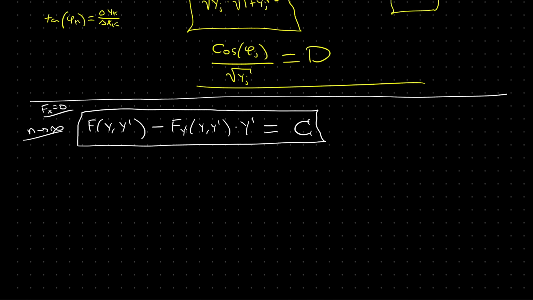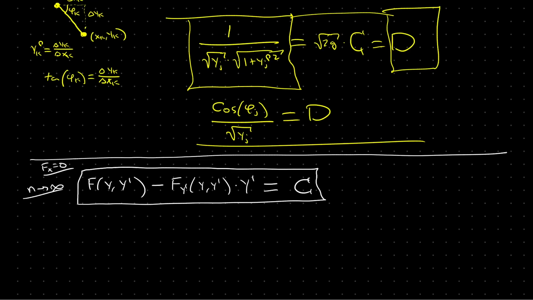If we consider what this means for the Brachistochrone problem, it essentially means that in the limit, this expression goes to 1 over the square root of y times the square root of 1 plus y prime squared being equal to the constant d.